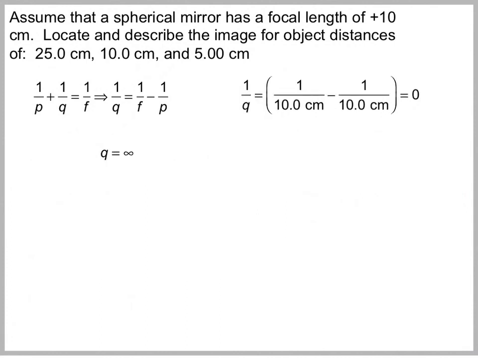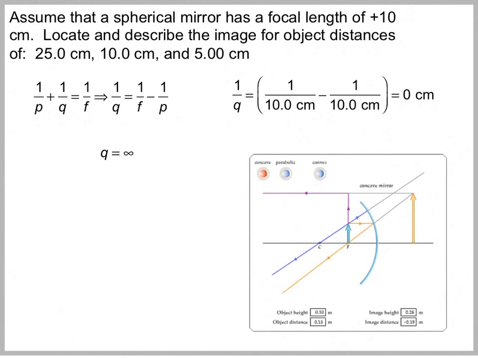Now, what about at 10 centimeters? So 1/q here now is 1/10 - 1/10, which is 0, which means q is infinity. That means there's no image formed. So as I put it right at the focal point, it's hard to show in this picture, but essentially the image is infinitely large and it is infinitely far away.